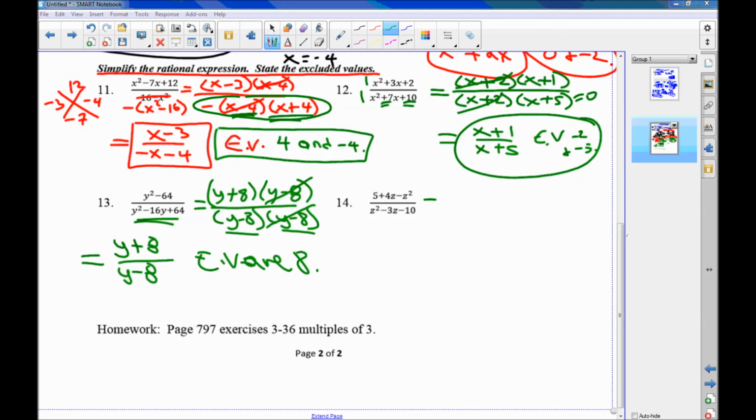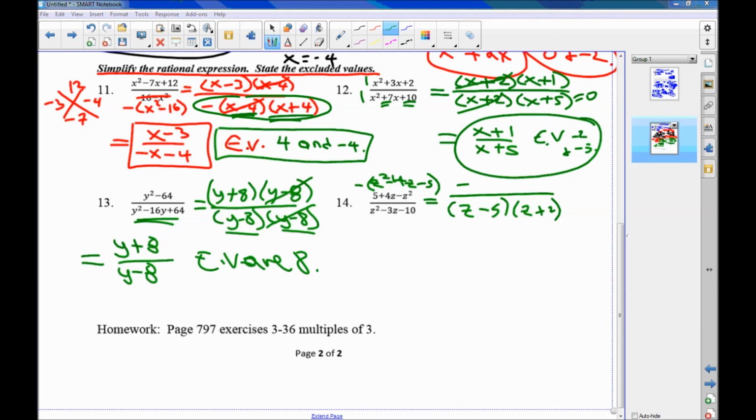Let's see. The bottom here is going to factor into z minus 5 and z plus 2. Negative 5 and 2 are the two things that multiply to negative 10 and add to negative 3. And on the top, I'm going to rewrite this, so I'll take a negative out so I can get my z squared first. So I'll just change everybody's sign, z squared minus 4z minus 5.